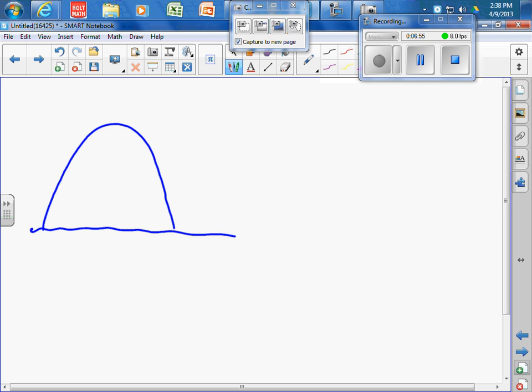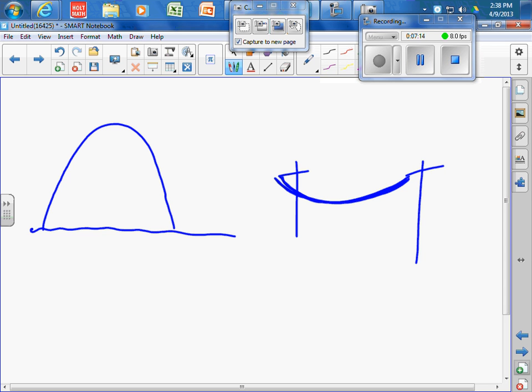And let's say we have telephone lines. And you know how the wire droops from one pole to the next? That droop, that sag there, is in the form of a parabola.